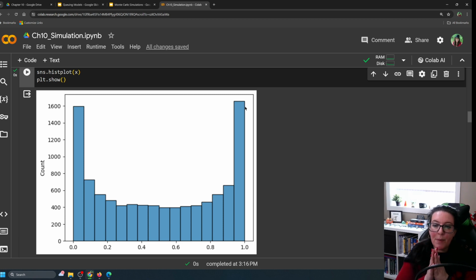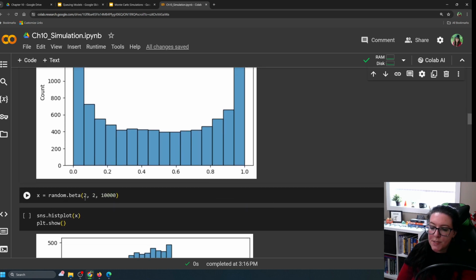So if alpha and beta are equal, then the two tails are the most popular, and then something in between is much less likely. Okay, let's look at the scenario here where alpha and beta are equal, but they're equal to numbers like 2 and 2, as opposed to fractions like a half and a half.